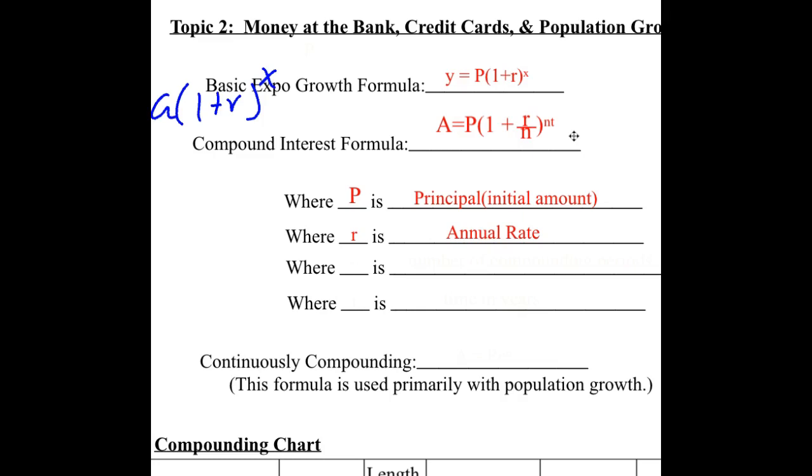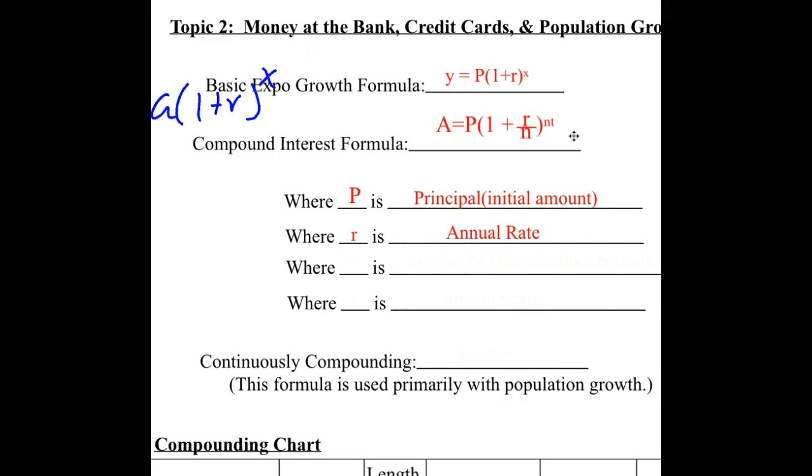So the compounding idea, you're going to take that interest rate. Let's say we get 6% interest, all right? But let's say they compound it twice a year. Then that means we get 3% in the first 6 months, and then we get the next 3% in the next 6 months, all right? For a total of 6% over the whole year, but it's split. So that's why we have R divided by N. We have the interest rate, but it's being divided into those chunks. So we get a little bit in each chunk, okay?